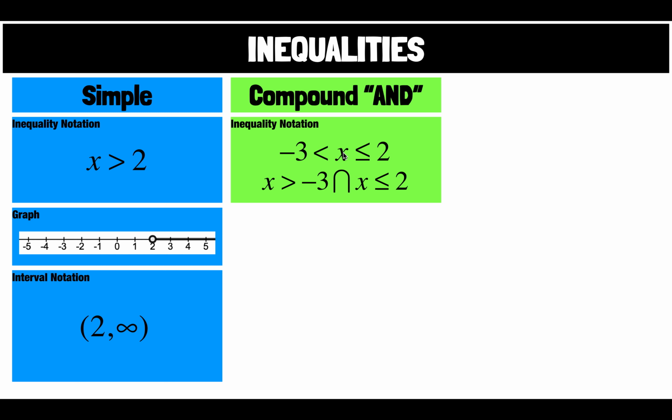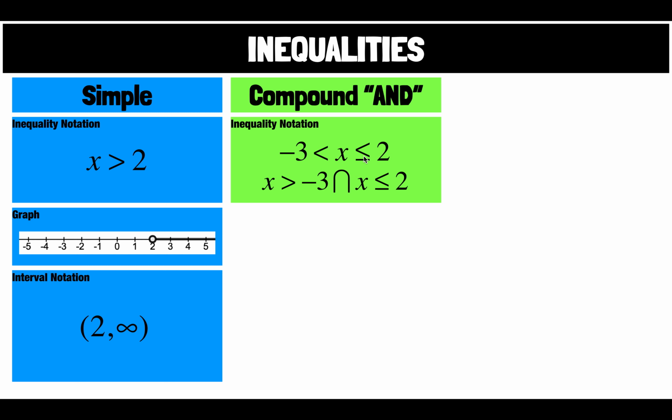This is called an and inequality because the number is in between one number and another number. And it's usually written just like this on top, kind of like a train where the arrows have to be pointed in the same direction. Sometimes students call these sandwich inequalities because the mystery number has to be sandwiched in between one number and another number.